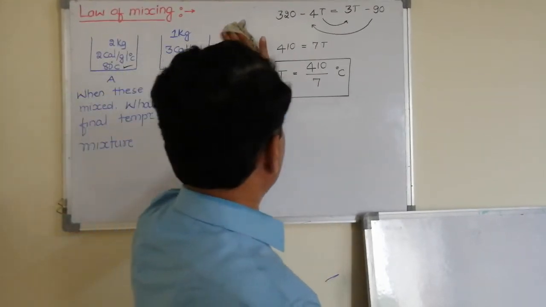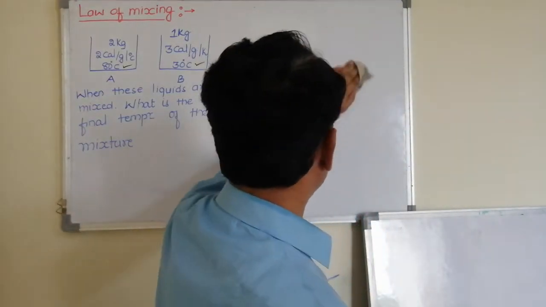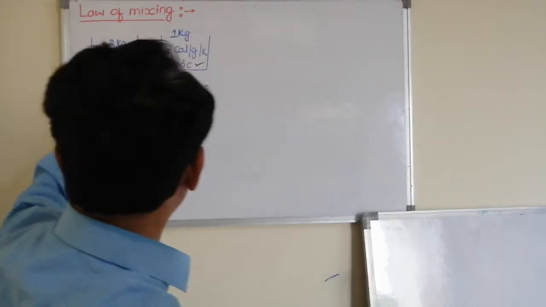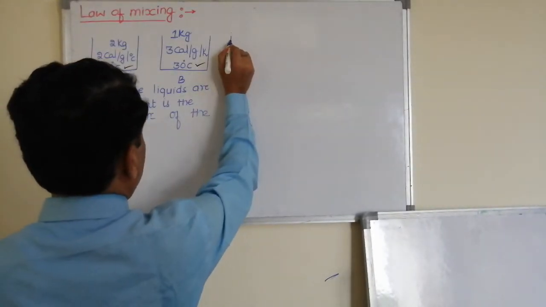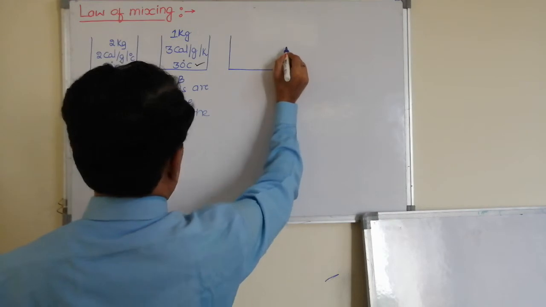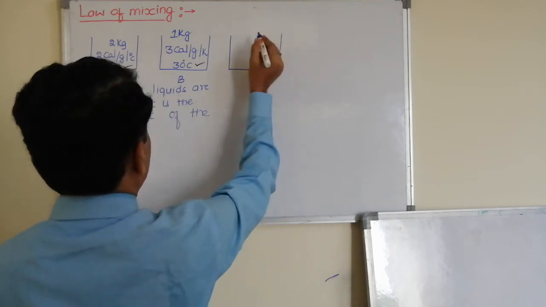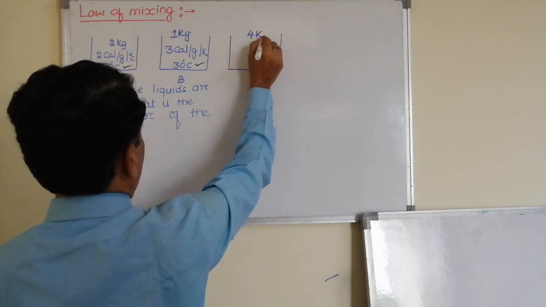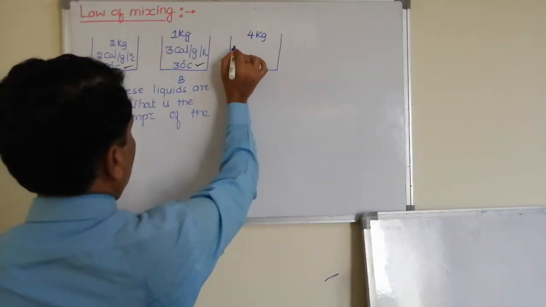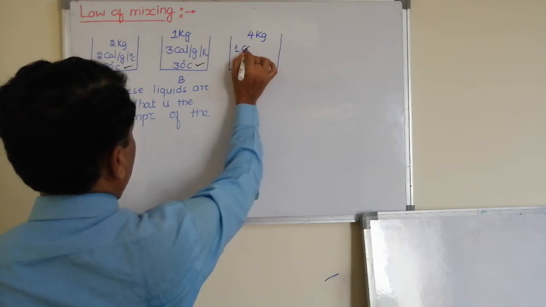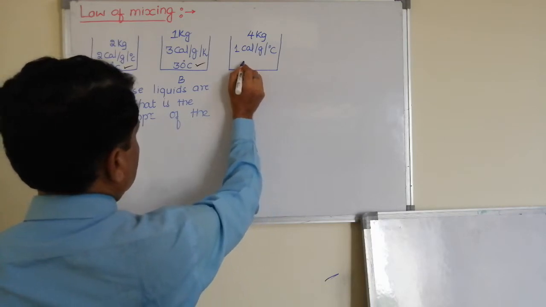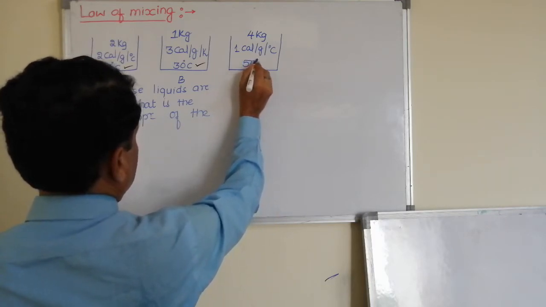Suppose there are three liquids, for example A, B and C. Say C has 4 kg, specific heat 1 calorie per gram per degree Celsius, which is at, say, 50 degrees Celsius.